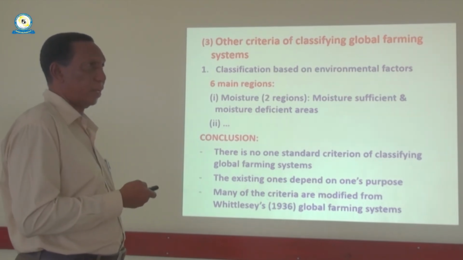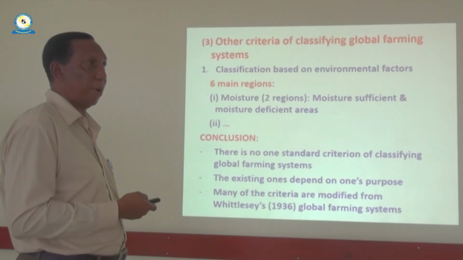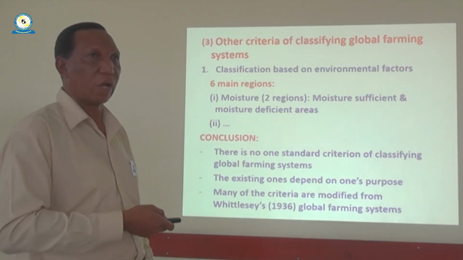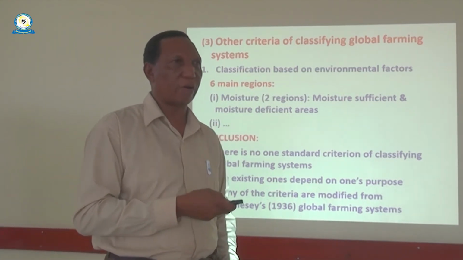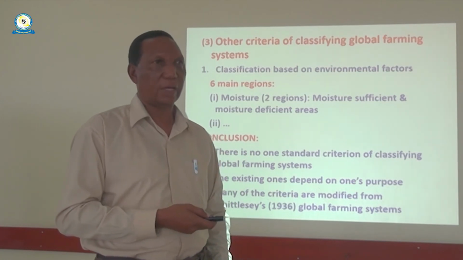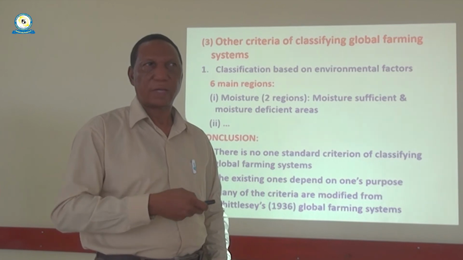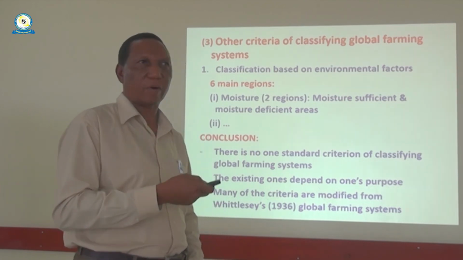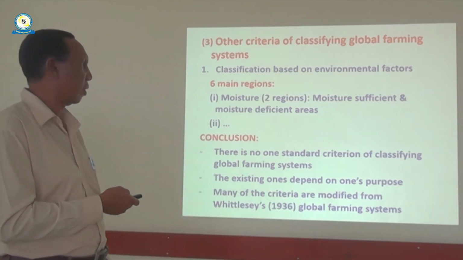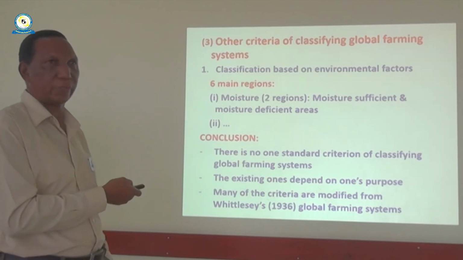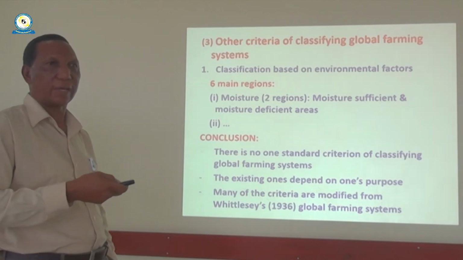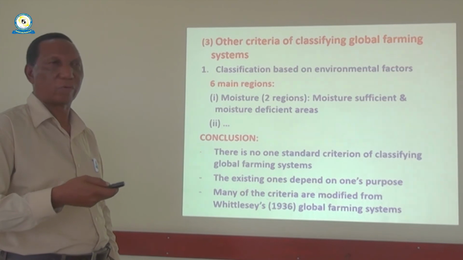Maybe his or her purpose is to investigate to what extent a particular environment influences a particular region. So you can as well undertake an environmental approach so that you can get what you intend to learn.